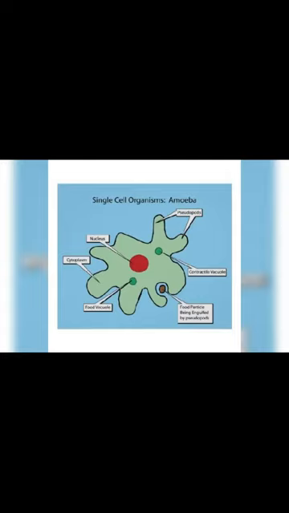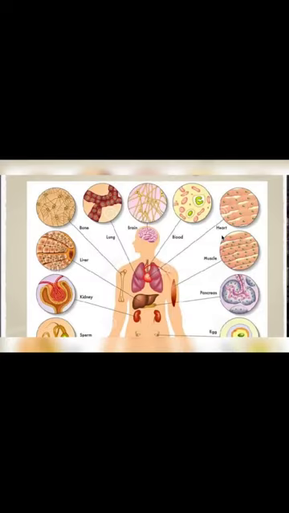There is no organ system developed in unicellular organisms. Multicellular organisms: multi means many. In these multicellular organisms, different organs perform different functions.